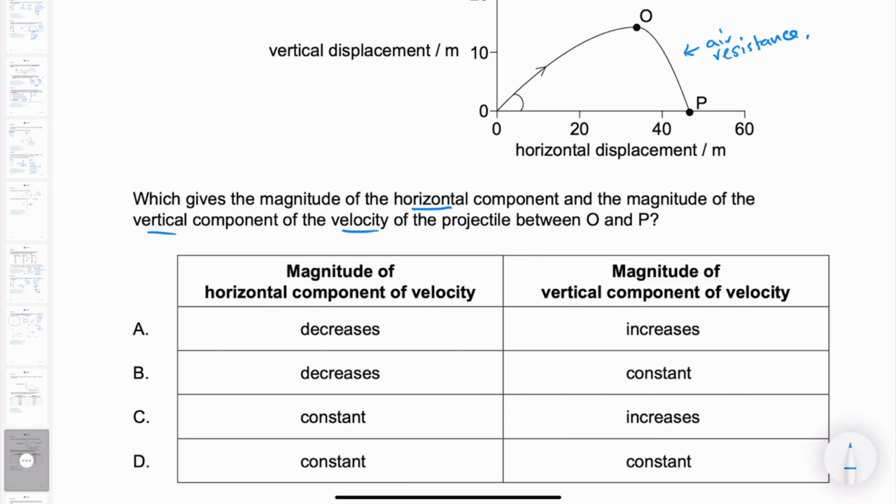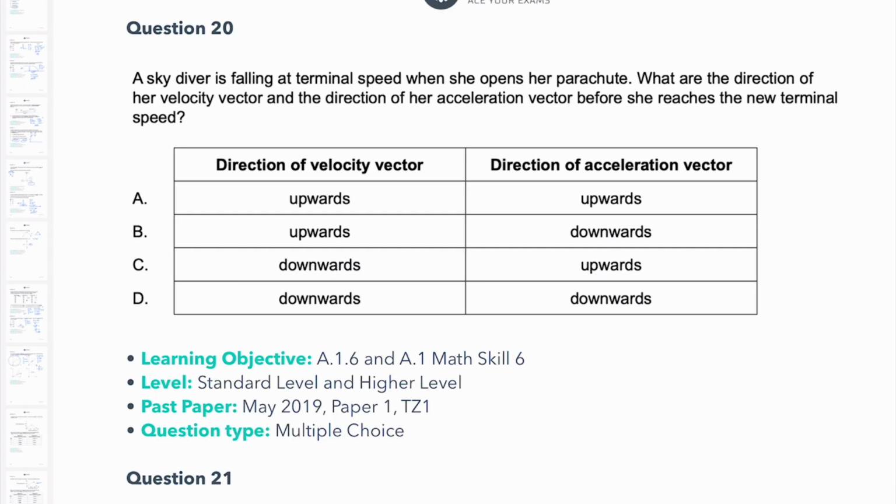Right, the horizontal component does not stay constant anymore because air resistance slows it down horizontally. So we're looking between A and B, but we know that at O, the projectile has reached its maximum height. It's 0 at that stage in terms of the vertical velocity, and it is going to accelerate towards the ground. So our magnitude of the vertical component of velocity will increase. Our answer is A.